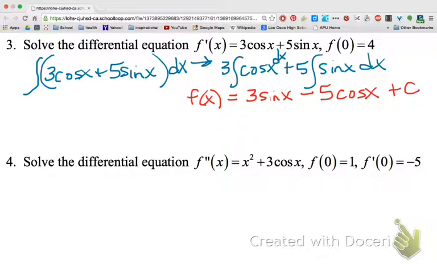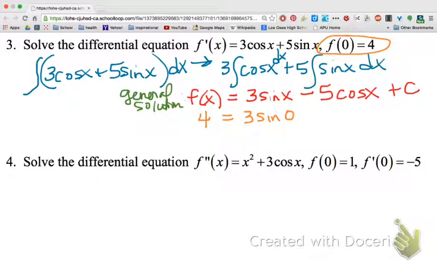And of course this is the general solution, but we'd like to find a specific solution, and since we have some information about the original function, we can plug in, so 4 for the y, and 0 everywhere I have an x. And I hope you're thinking in your head really fast what sine and cosine of 0 are. Of course, sine of 0 is 0. Cosine of 0 is 1, so that's going to be a negative 5, plus c. So then c is 9.